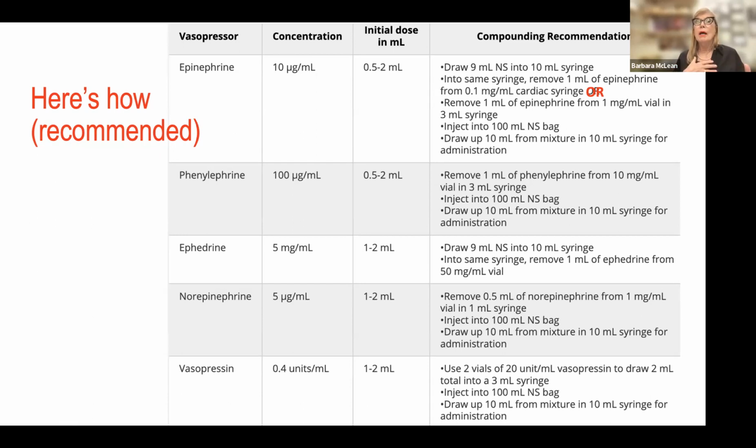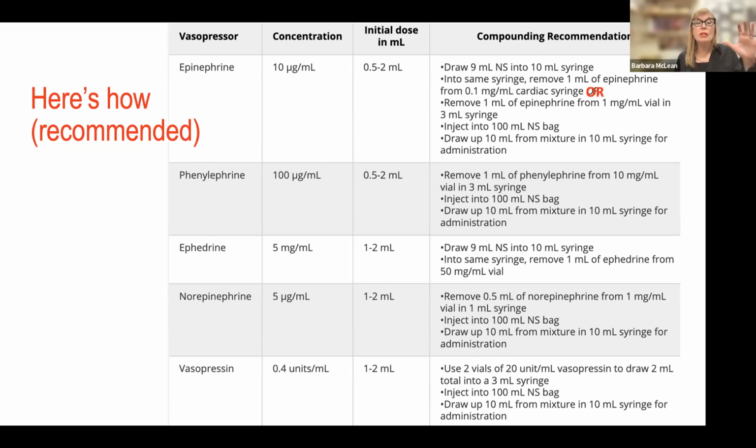So there are 2 compounding recommendations. And we have to consider why you're giving a push dose vasopressor, which is traditionally because you don't have an IV drip bag yet. That's typically why you're going to do it. So the first compounding is take a 10 cc syringe that's got 10 cc's of saline, push out 1 cc.